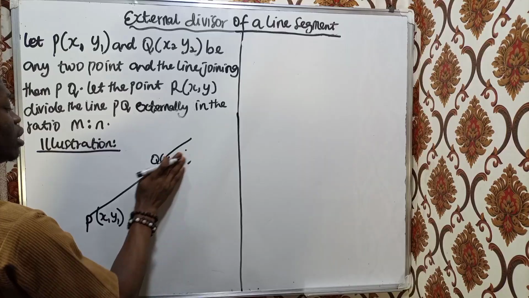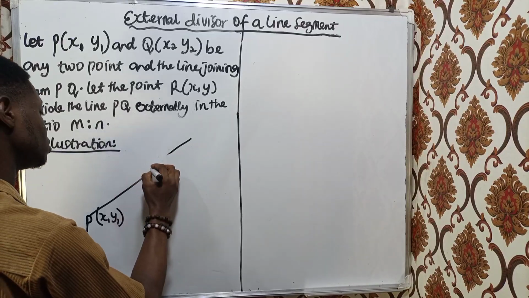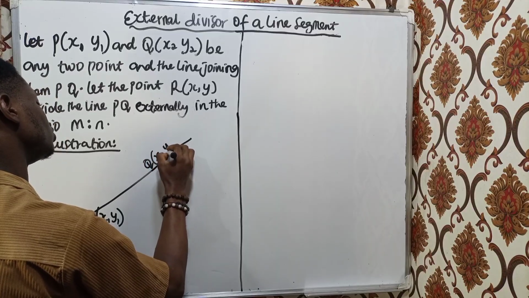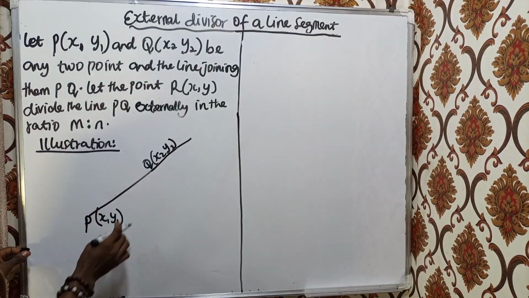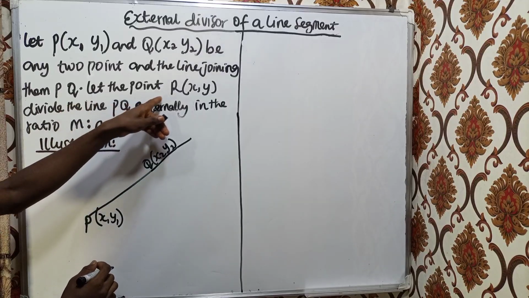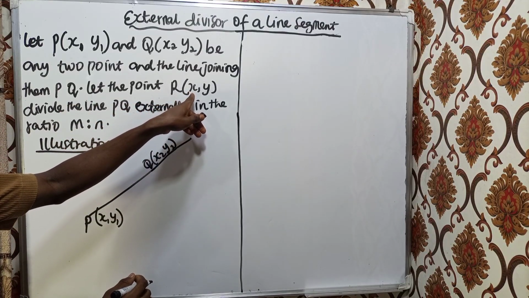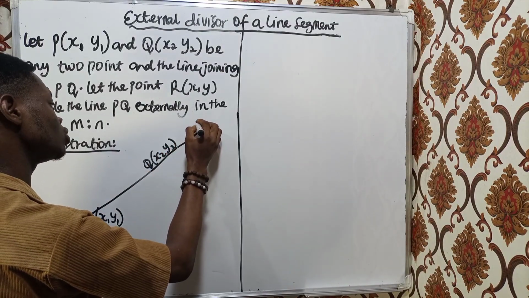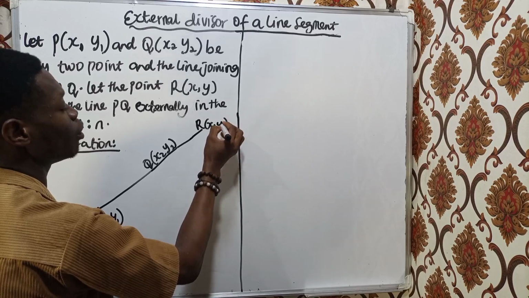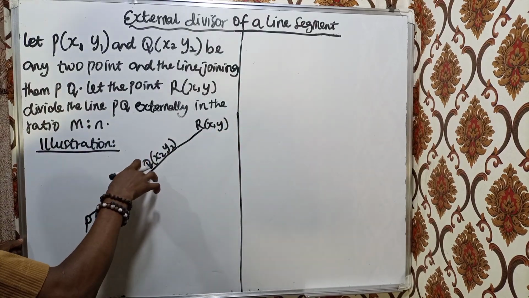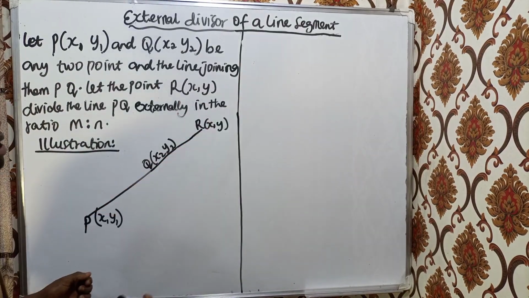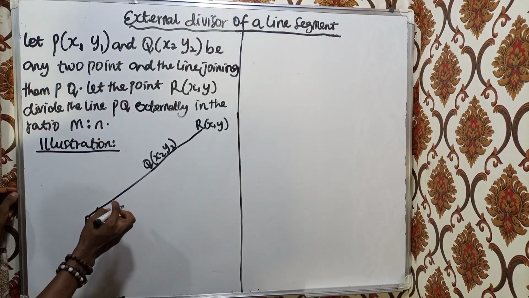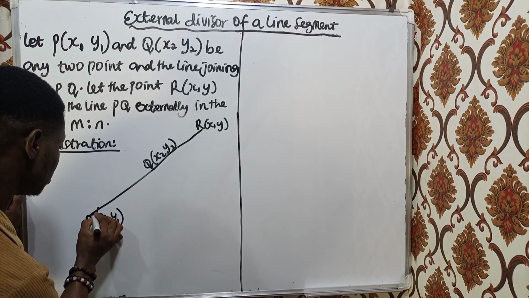Let R have the coordinates x, y, so we can call this R, x, y. You know that for an internal divisor, this arrow will be inside, but this one is external. So this arrow is an external divisor.